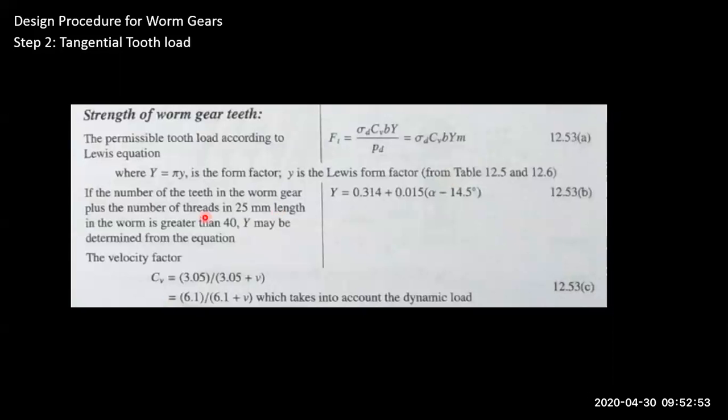We don't have the form of teeth, so we can use the velocity factor Cv, which also takes into account the dynamic load. We can use the first value here. Either of these two we can use, but it is not mentioned whether to take into account dynamic load or not. Therefore we'll use this equation here.